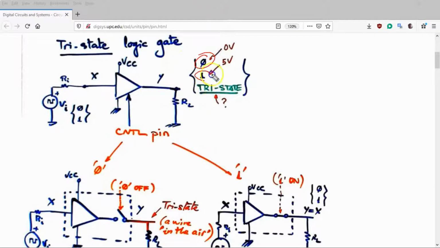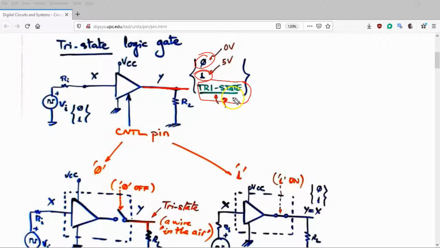You can get the typical 1 as if it were a normal buffer, but then it is also possible to have this third state. It is like having this output wire exactly in the air, not connected to anything. That way, it is in some way fixed to a voltage that is not known.